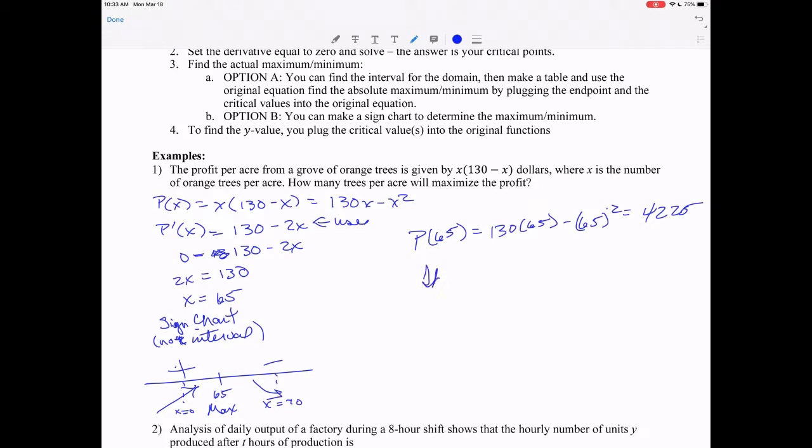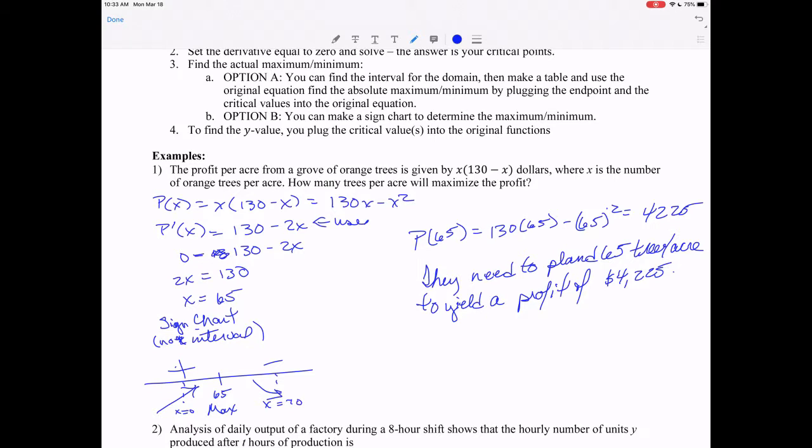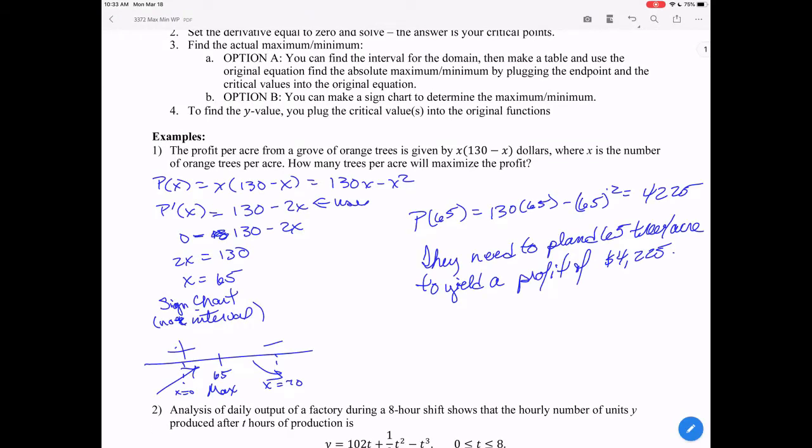So they need to plant 65 trees per acre to yield a profit of $4,225. Okay? That's it. So let's go on to the next one.